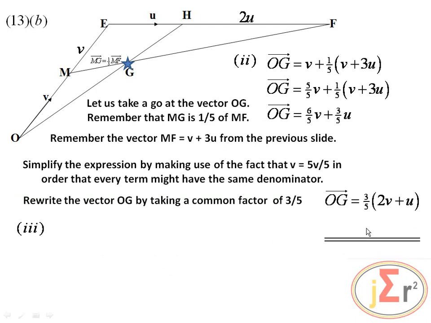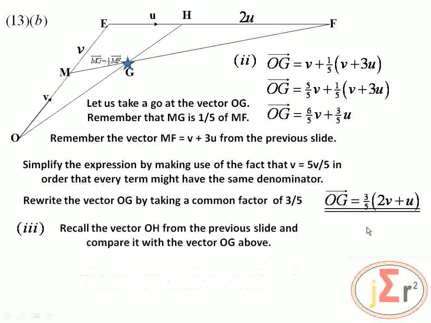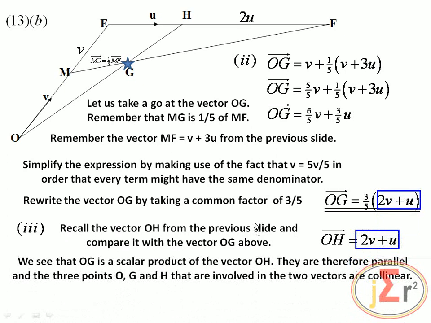Recall the vector OH from the previous slide and compare it with the vector OG above. What do we know?